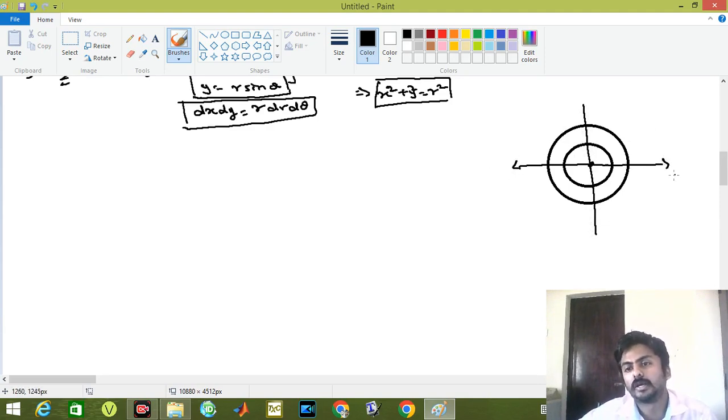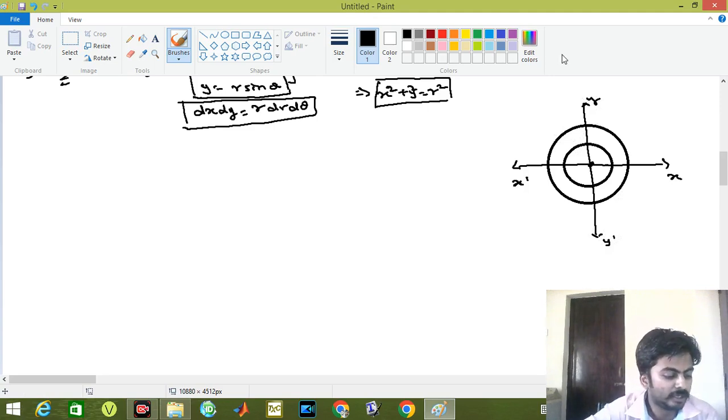Okay, now we are having x here, x dash here, y here, and y dash here. Now they want us to find the region bounded by two circles. You have to just change the word in your mind: region formed by two circles means region formed between two circles.